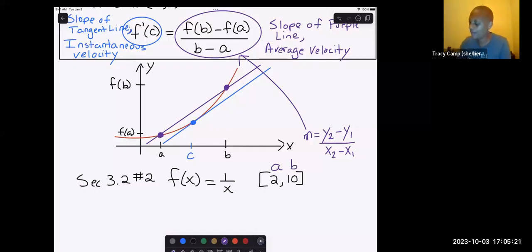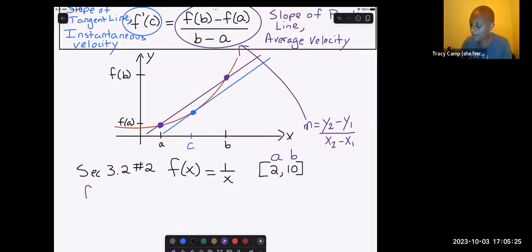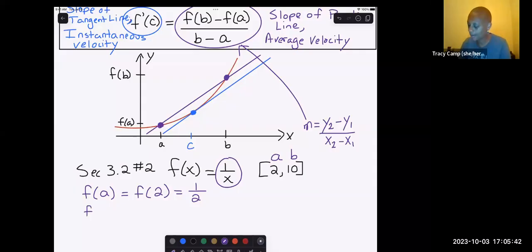And then your f of a will be f of 2, and plugging in 2 for x into the function that we're given, 1 over x, we get 1 over 2. And then f of b is f of 10, and so that's 1 over 10.